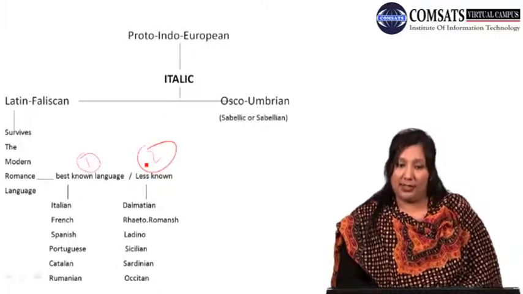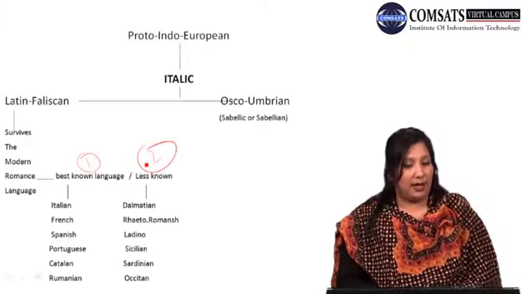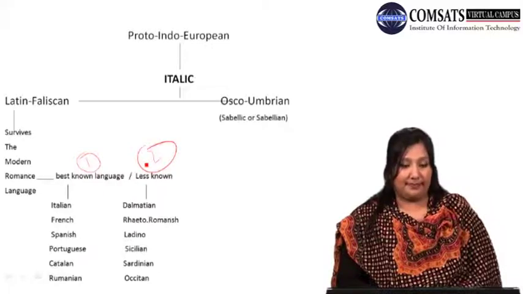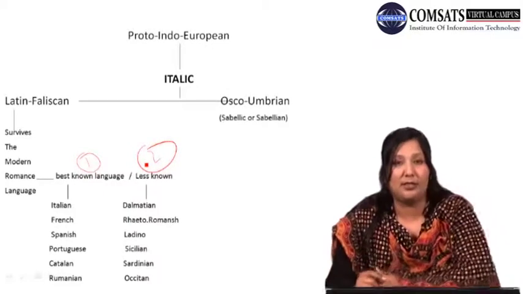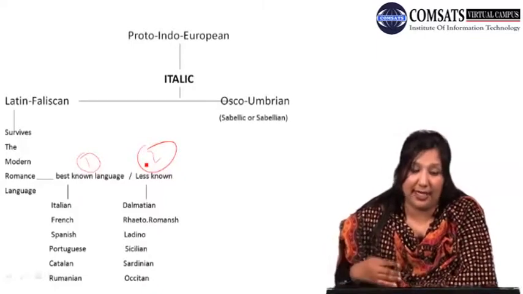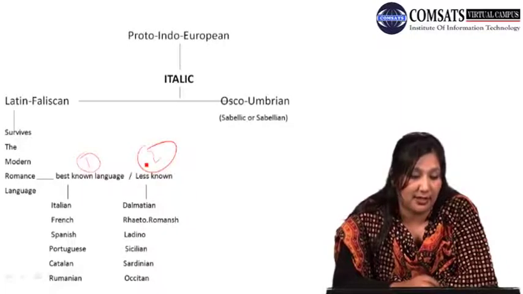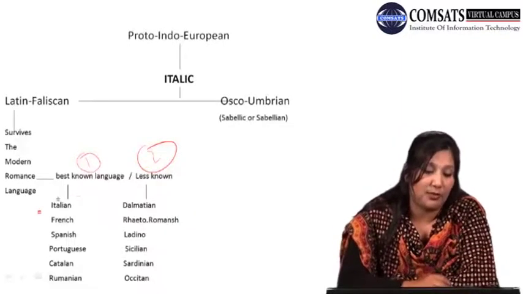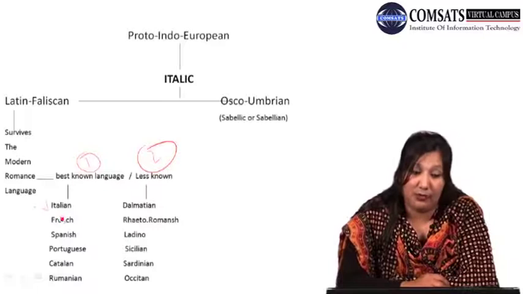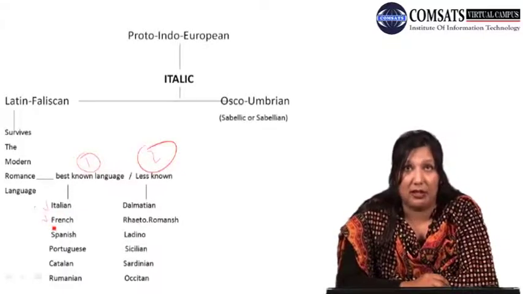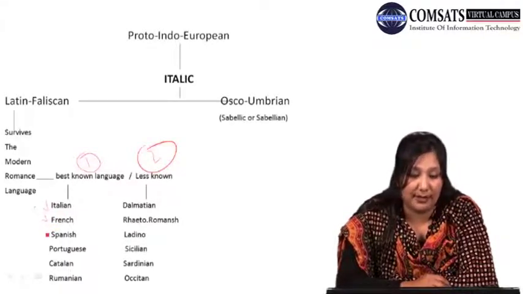The best known languages are Italian, French, Spanish, Portuguese, Catalan and Romanian. What are the best known languages? Italian. See how many important, well-known languages are still existing. The first one is Italian. French, a very, very big language in the world.